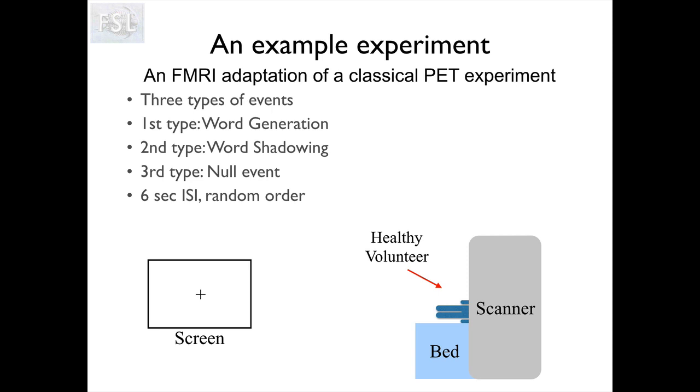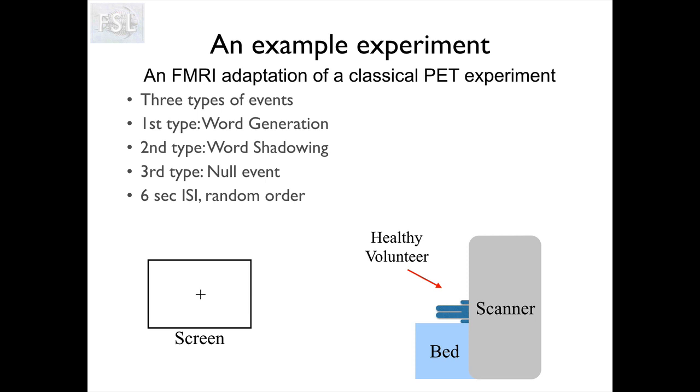So at time 0, we have an event, which might be word generation, word shadowing, or null. At time 6 seconds, we will have another event, which might be word generation, word shadowing, or null. They're presented in a random order, so neither we, before the experiment, nor the subject knows what is going to come next.